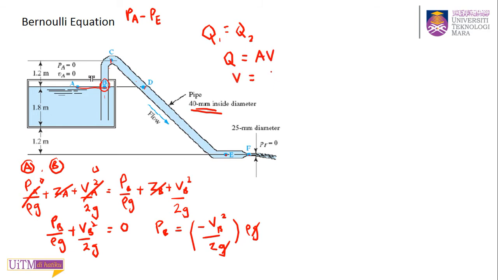So V equals Q over A. Q is 3.76 times 10 to the minus 3, over A, pi times 40 millimeter divided by 2, 20 divided by 1000, 0.02 squared.